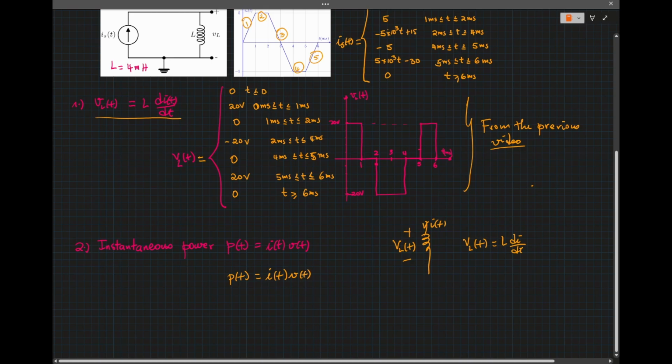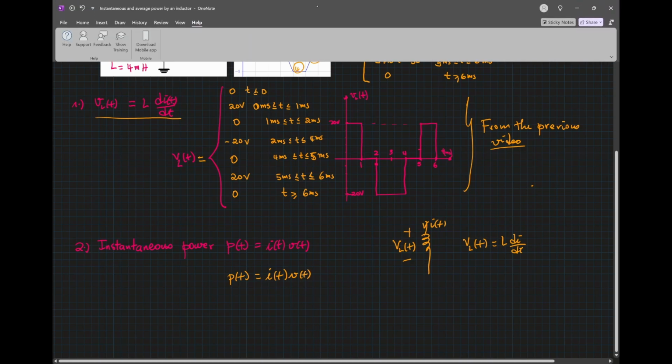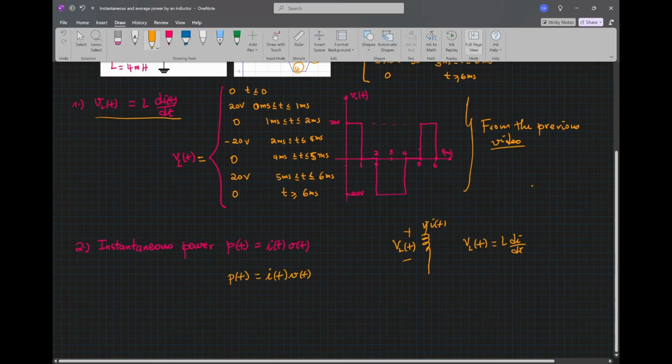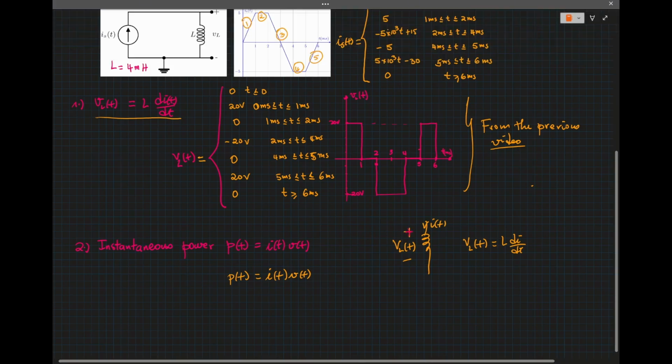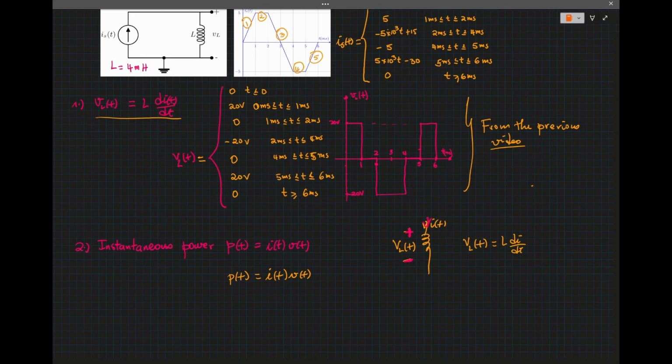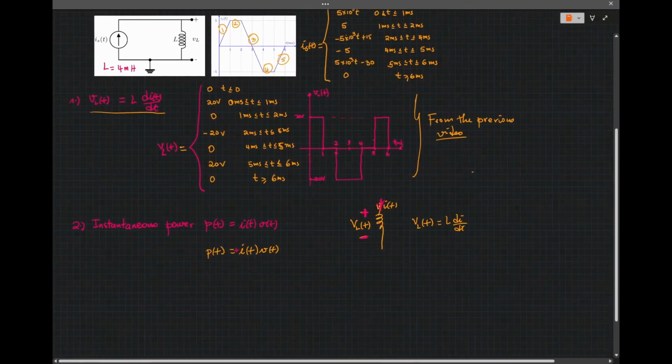When we use the passive sign convention, the current is flowing from plus to minus, right? So from plus to minus, and the current is flowing that way. So then we have plus I times V. So when we multiply this piecewise function, what do we get?